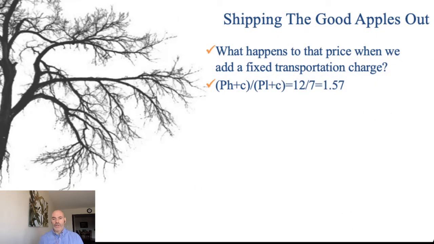Now the next question that will help us to illuminate the essence of the Alchian and Allen theorem is related to the fixed transportation charge. Indeed, what happens to the price of quality when we add a transportation charge that is fixed?